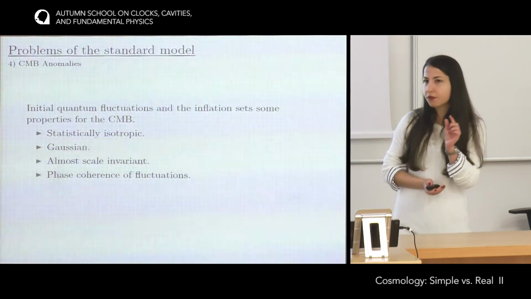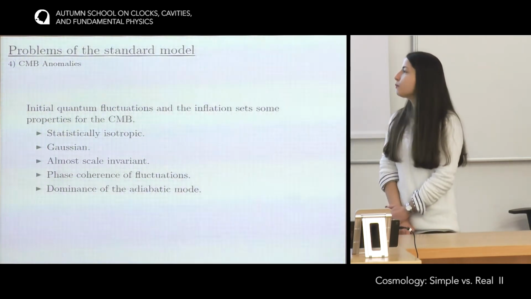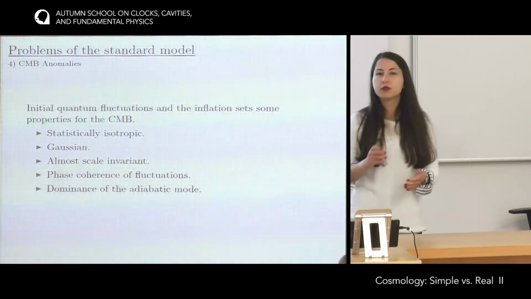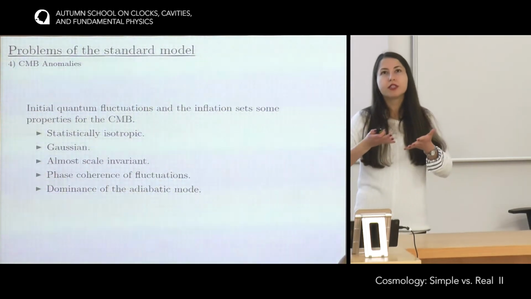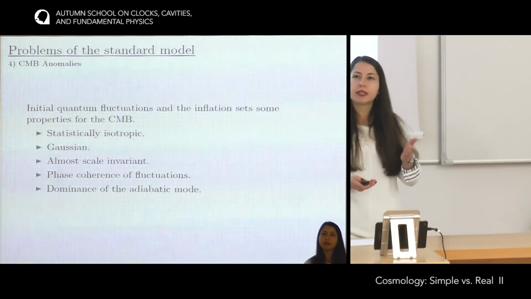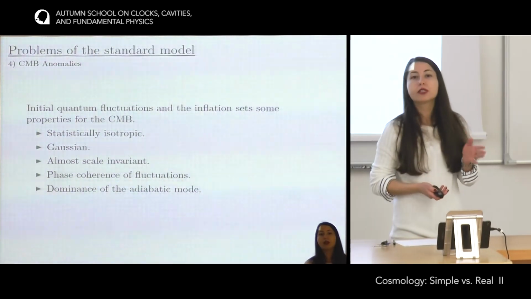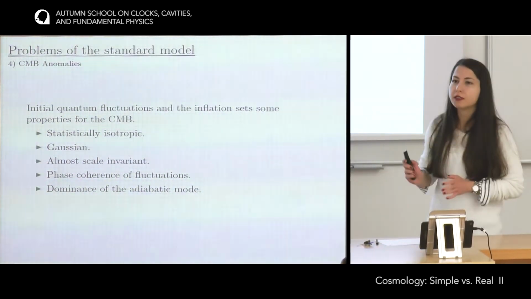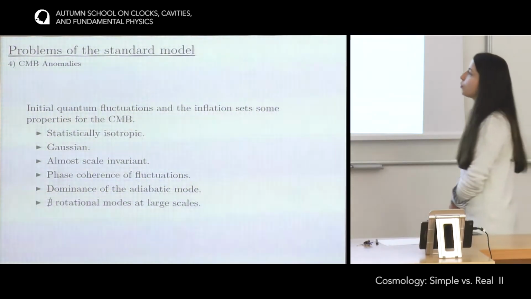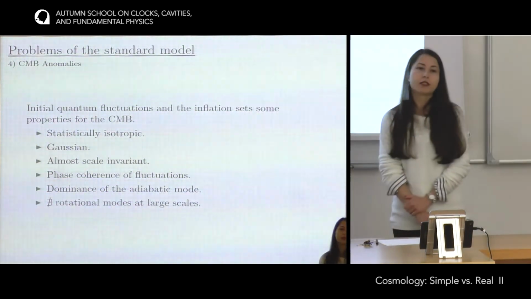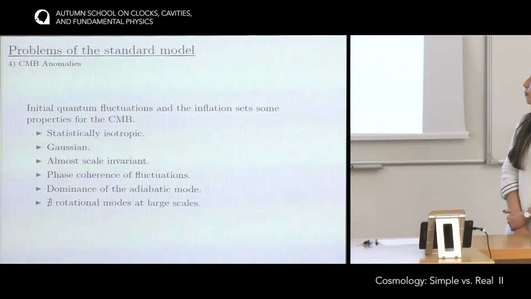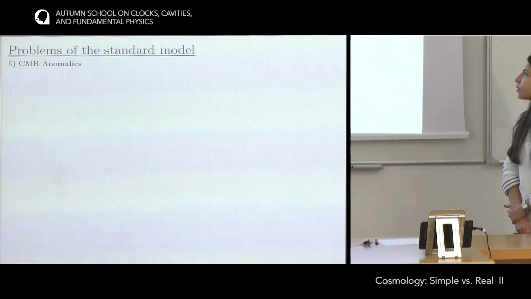We expect the dominance of the adiabatic mode, which means you expect your gravitational potential flattening in time, and more like a cosine wave should be the mode that dominates. And there are no rotational modes at large scales for your polarization data. Those are the predictions we have for the CMB.